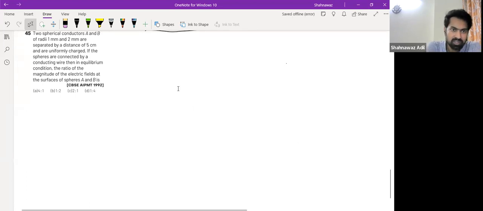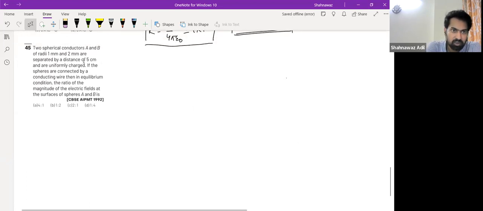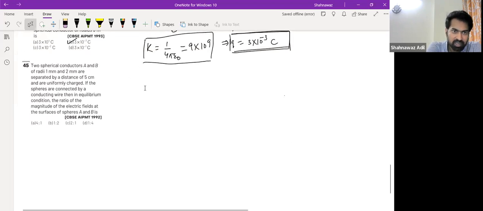So you guys can calculate. Two spherical conductors A and B of radii are separated by distance 5 centimeter. If the spheres are connected by conducting wire, then in equilibrium condition, the ratio of magnitude of the electric field at the surface of sphere will be. Right, so you guys calculate.